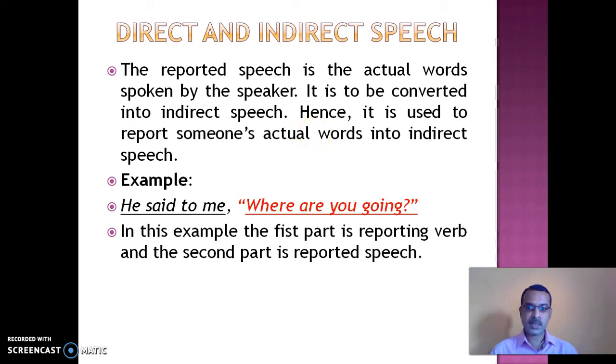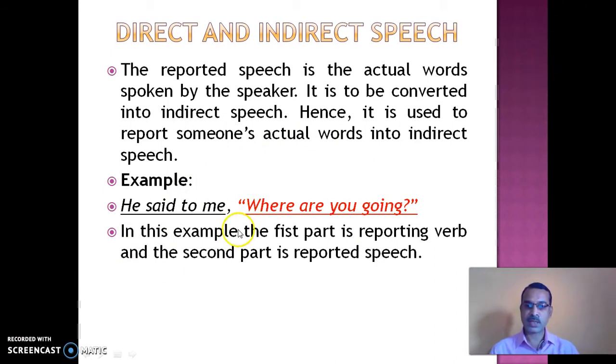Friends, as we know, this is considered to be a very complex type of question that is difficult to solve, and most of the students are not able to solve the questions on direct and indirect speech in the correct manner, and most of the time they commit mistakes of different types.